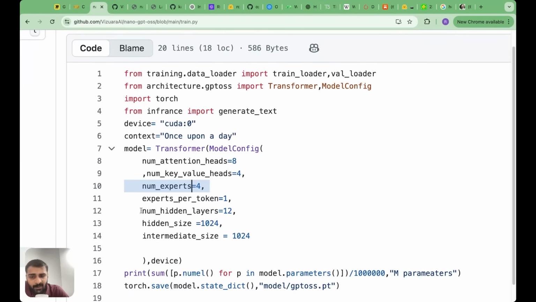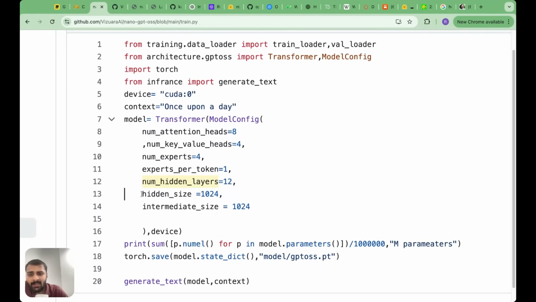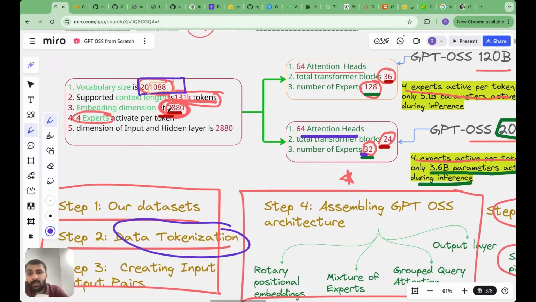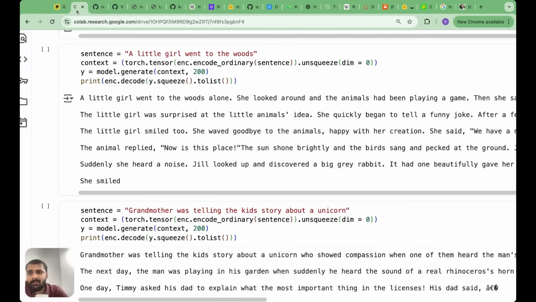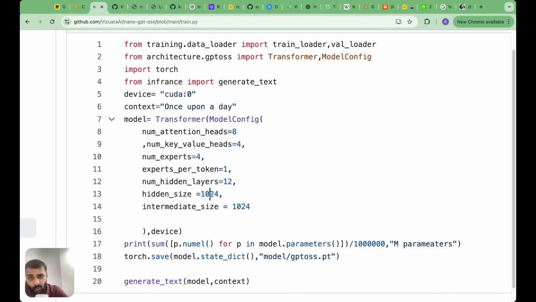Then the number of layers, which are the number of transformer blocks, we have varied from 4, 6 and 12, but the maximum we have tested with is 12. And the embedding dimension, they used a dimension of 2880 actually. We used an embedding dimension of 1024.